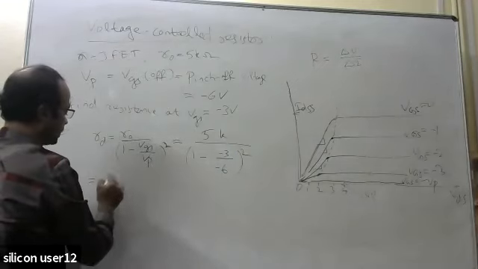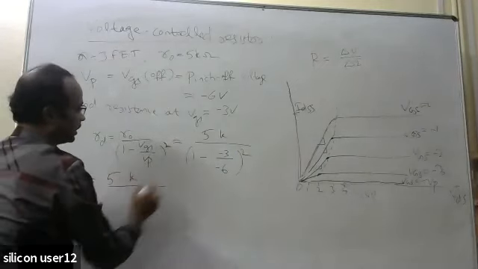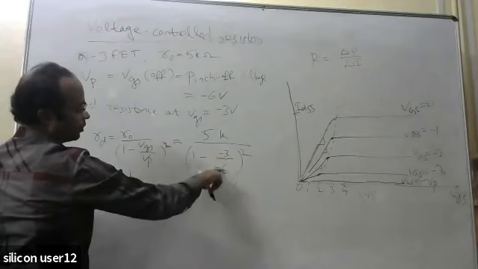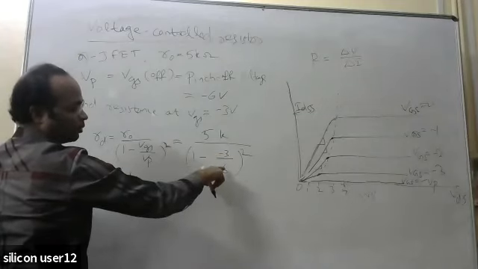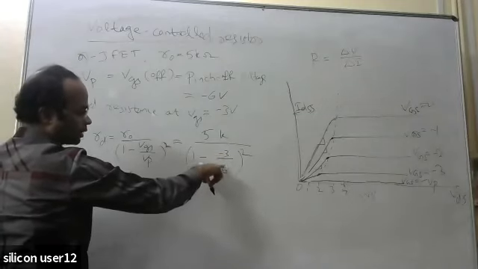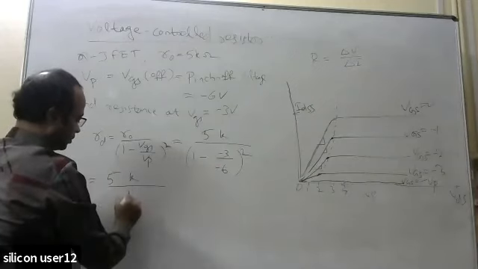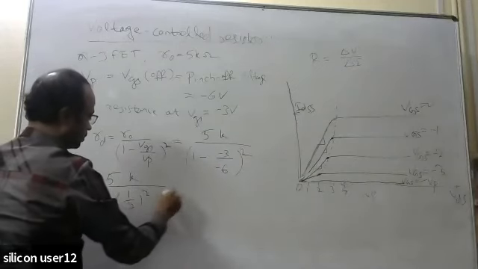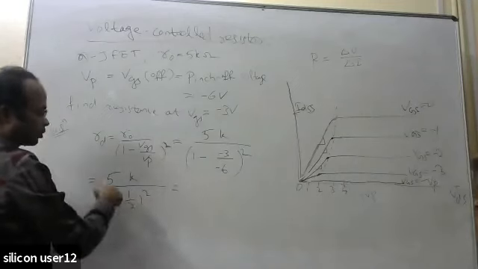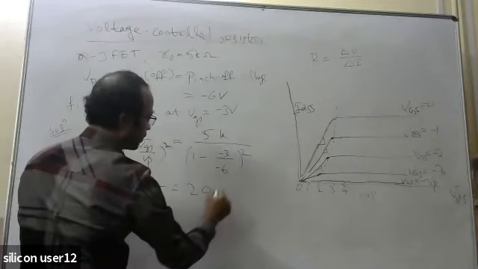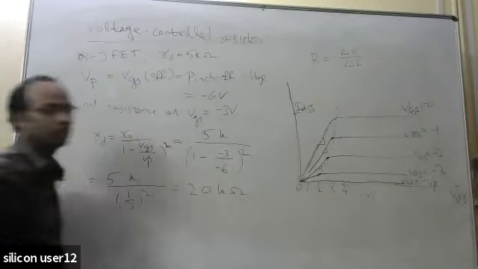So it will be 5k divided by (1 minus 1 by 2), that is 1 by 2, 1 by 2 square, so it will be 1 by 4. So 5 into 4, that is equal to 20 kilo ohm.